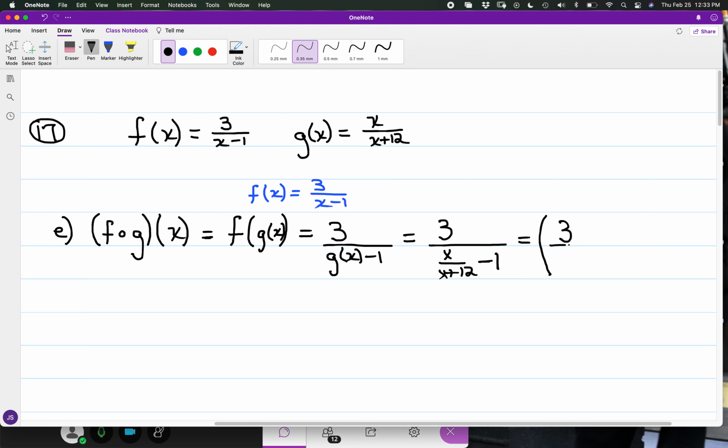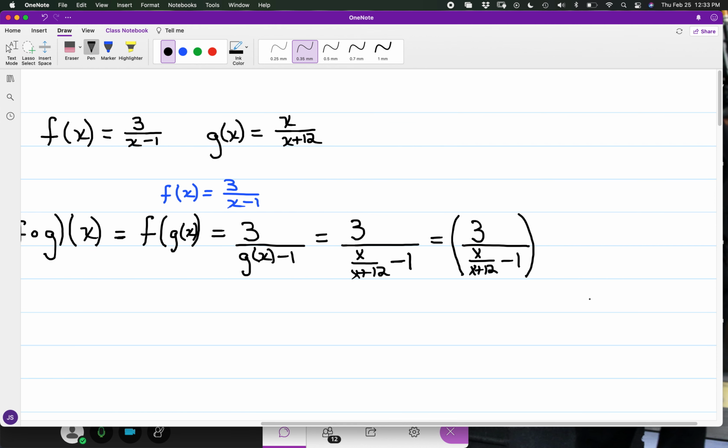So we have 3 all over x over x plus 12 minus 1, and multiplying by 1 in the form of this denominator divided by itself, so I have x plus 12 all over x plus 12.